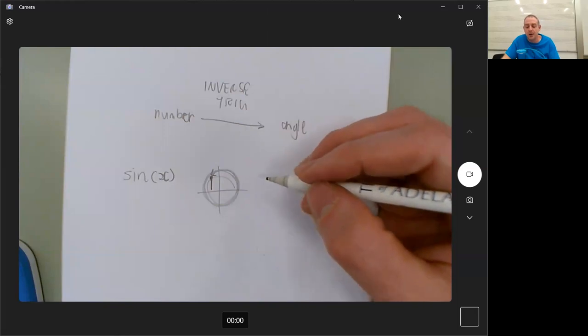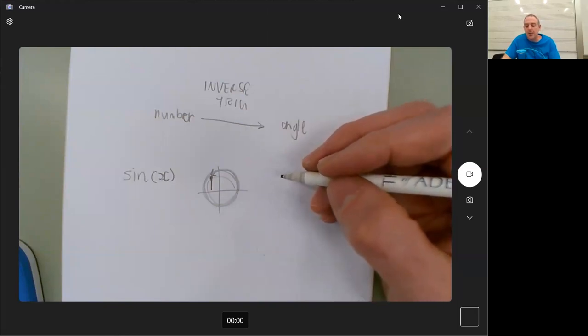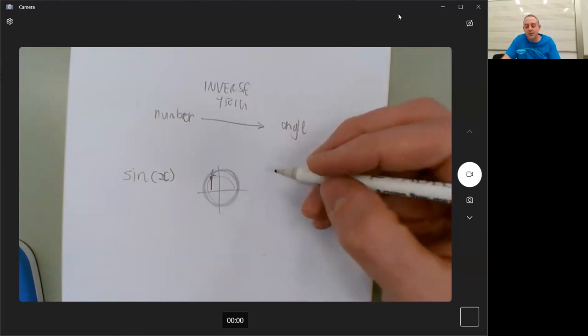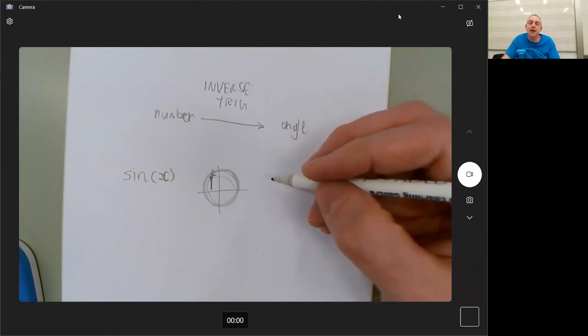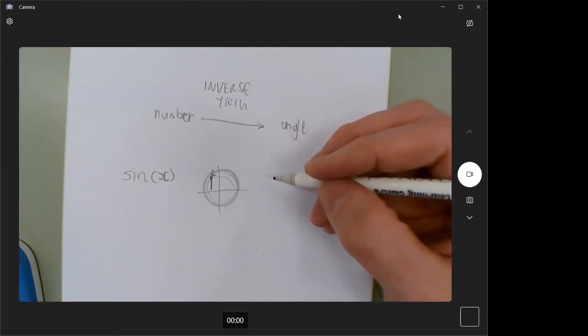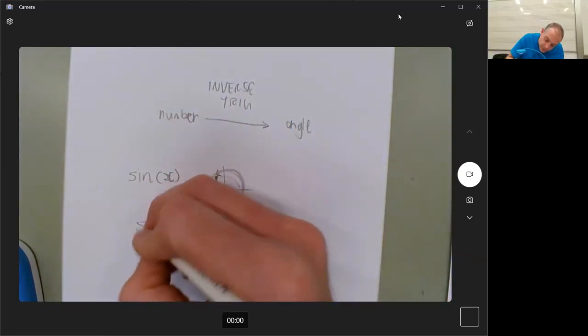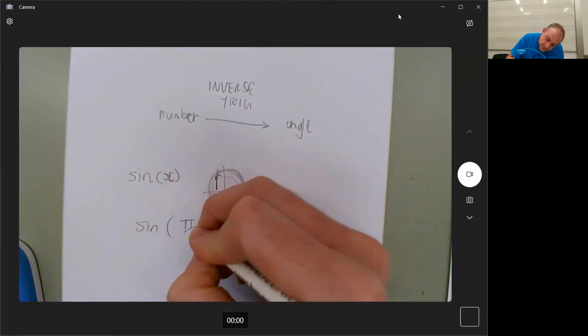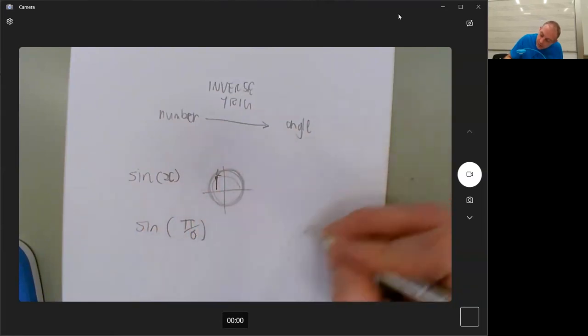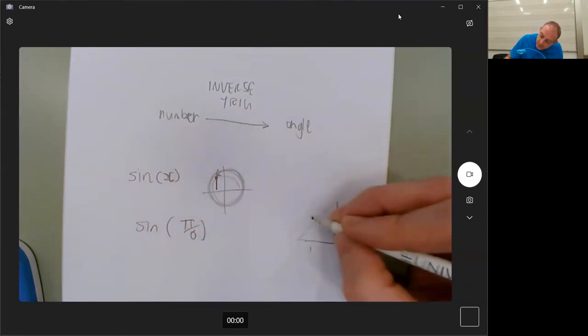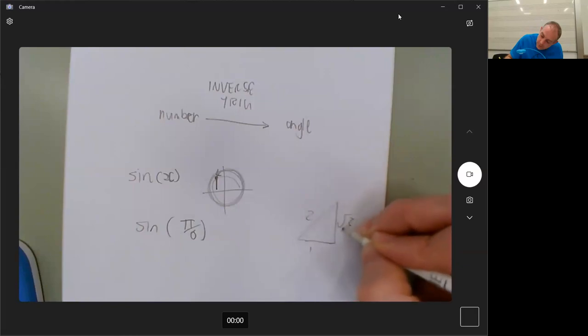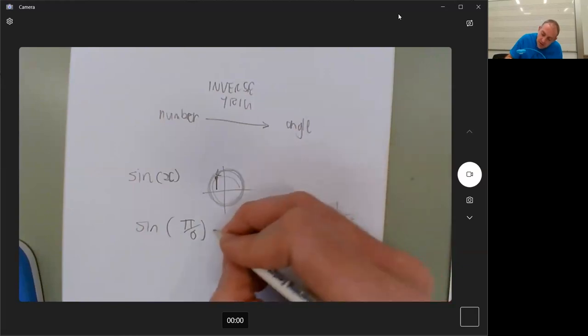It produces the y-coordinate. And the problem is that there are lots of different angles that produce the same sine, and it technically doesn't have an inverse. So here we go, sine of pi on 6 is a half.